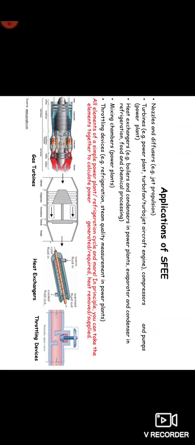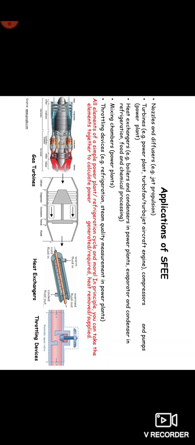The applications of the steady flow energy equation can be found in nozzles and diffusers, for example jet propulsion, turbines, power plant, turbofan, turbojet, aircraft engine, compressor and pump, power plant, heat exchangers like boiler and condenser in power plant, evaporator and condenser in refrigerator, food and chemical processing.